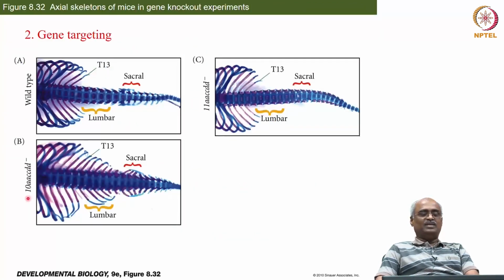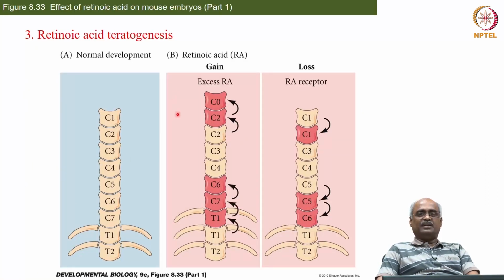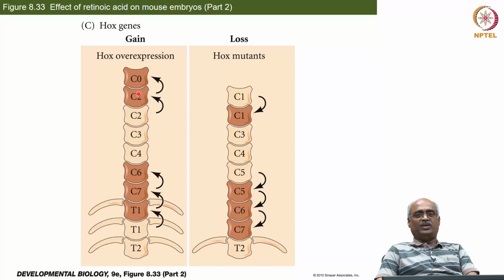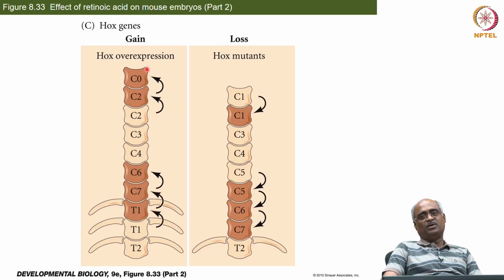The second one is when you knock out all paralogs of given Hox genes, we see the structures shifting posteriorly. And the third evidence is increasing or decreasing retinoic acid, similarly Hox gene overexpression or underexpression.